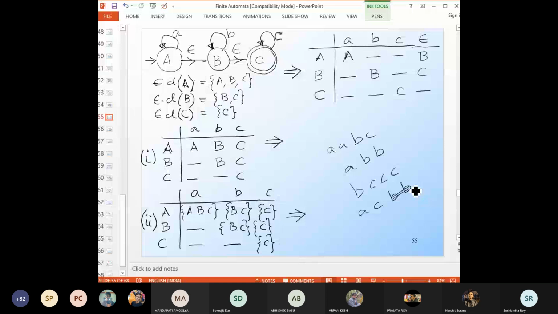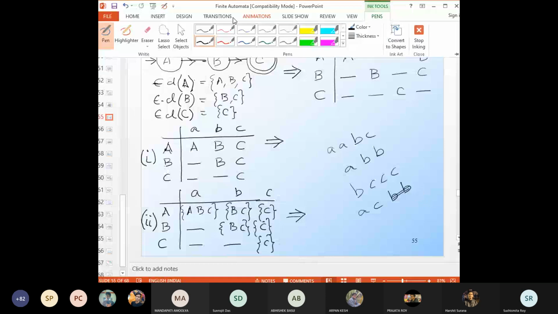That is the English-like description of the set of strings which will be accepted by this NFA. Okay, so let me rub this out.